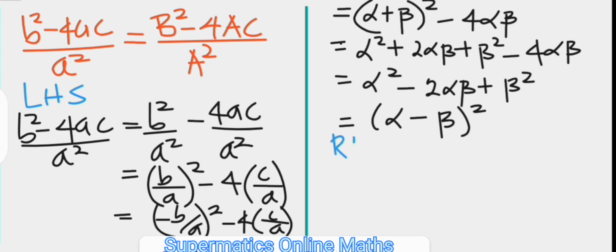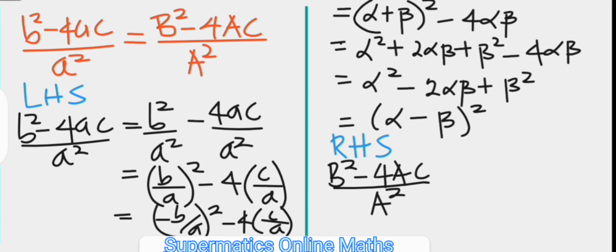That is what the left-hand side becomes. Now going for the right-hand side, where we have capital B squared minus 4 capital A capital C over capital A squared, all in capitals.